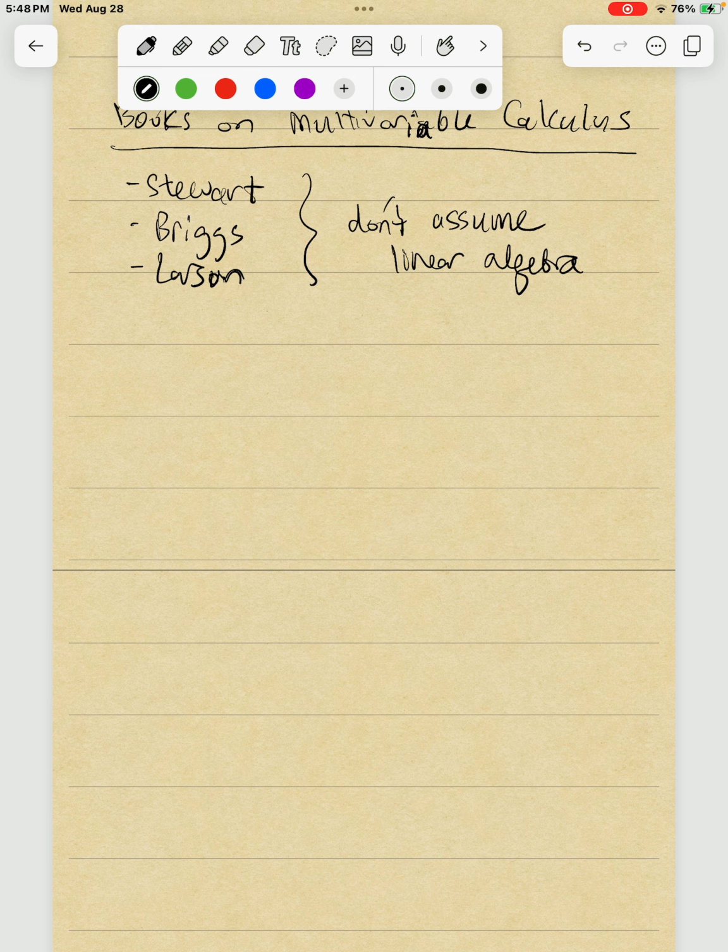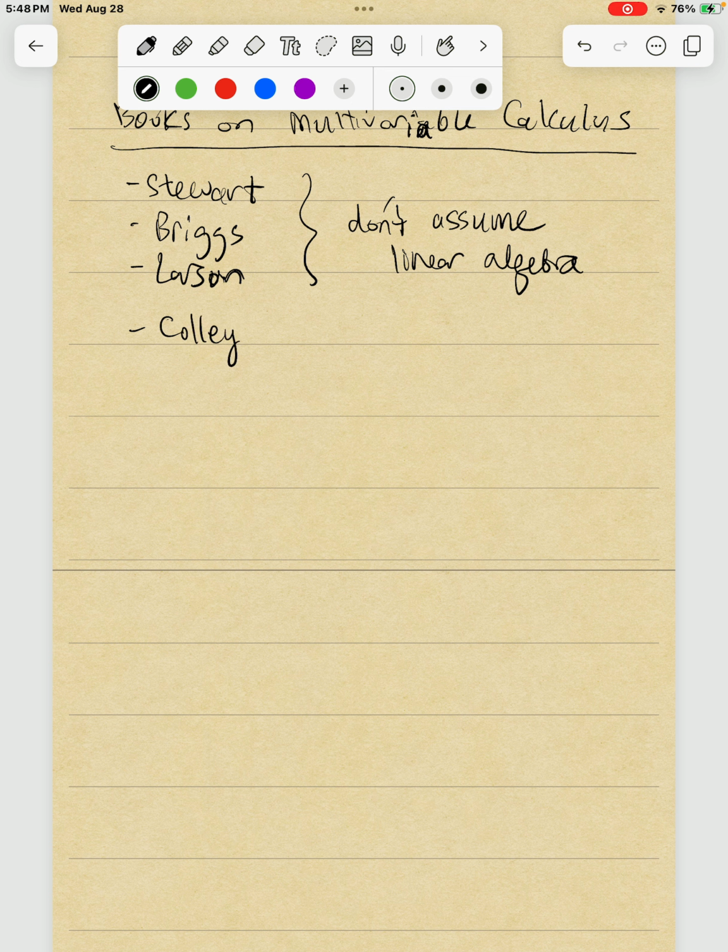Then there are books that require some linear algebra. I guess technically they don't, but you can kind of tell that it's written at a more theoretical level, and you can kind of tell that they pretty much assume that you know some linear algebra. So these are the books by Colley.